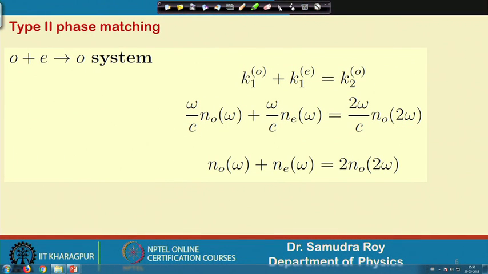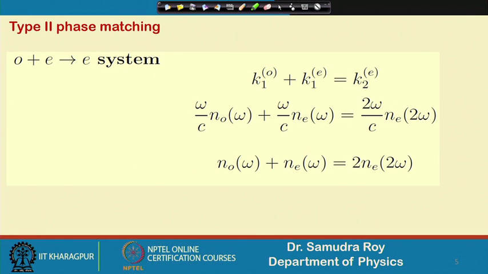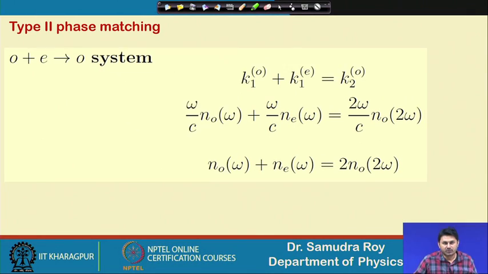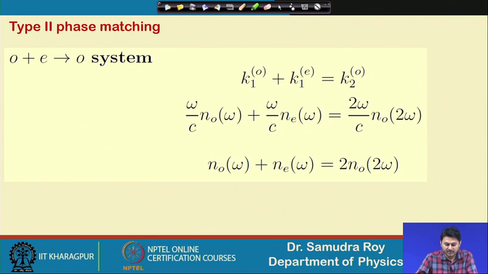So, let us check what we have in the next slide. Next we are going to learn symmetry in nonlinear susceptibility. But here let me go back to this type 2 phase matching. In type 2 phase matching we have two different conditions, this and this, and for these two different conditions again it is possible to find the direction, but it is a complicated one.